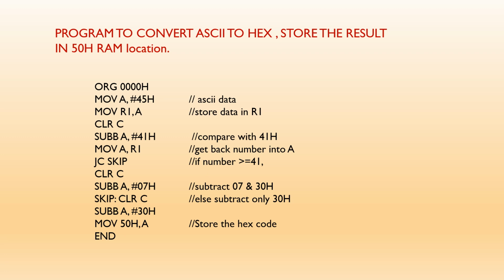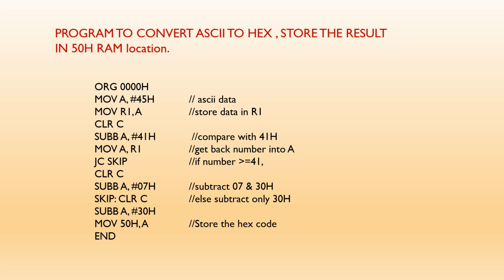Since I'm using the subtract with borrow instruction, I need to clear the carry, so I use the instruction CLR C. To compare the ASCII data with 41, we'll use the instruction SUBB A, #41. The content of accumulator A is subtracted with 41 and the result is stored in A. After the subtract operation, the carry flag is affected.